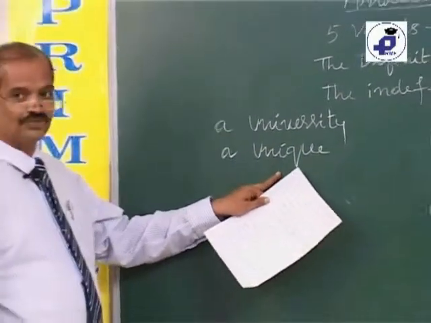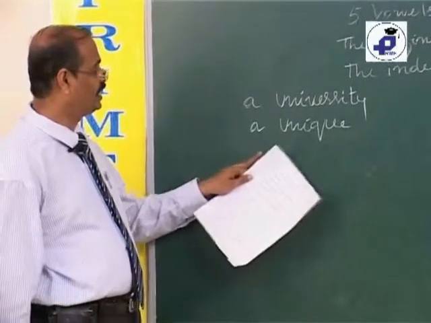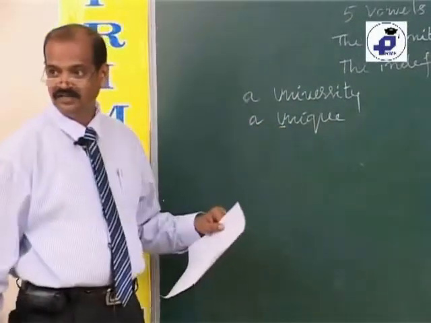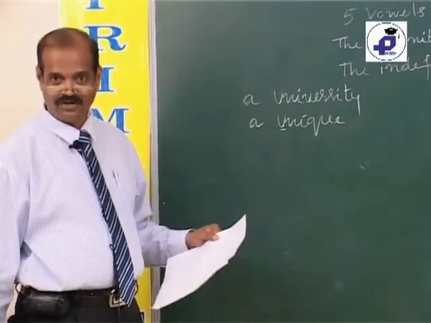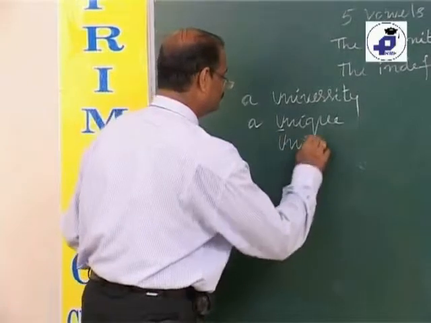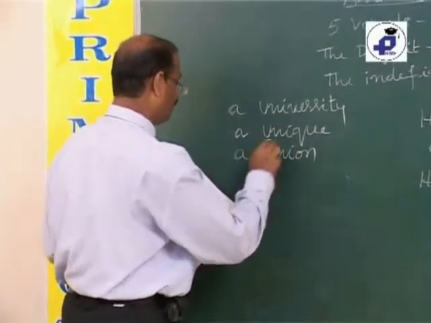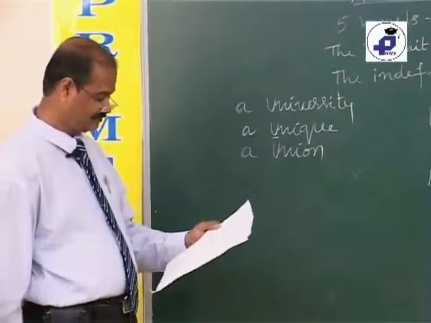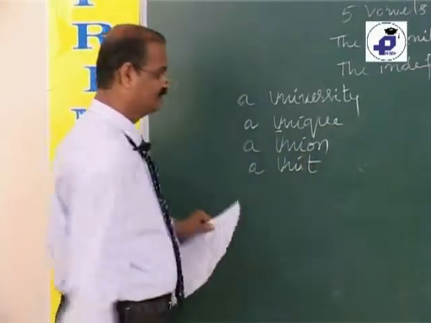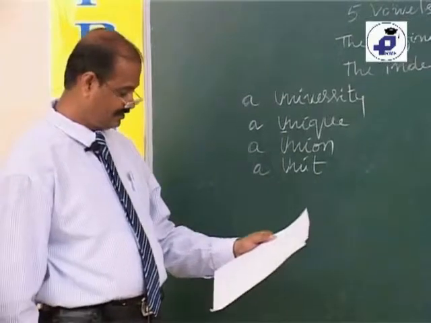So before the word unique, we have to use 'a unique', because even though the letter is a vowel, the pronunciation is consonant. Then union, here also 'a union'. Unit, 'a unit'. So this is how it is.